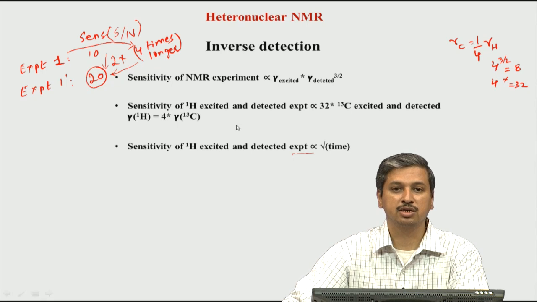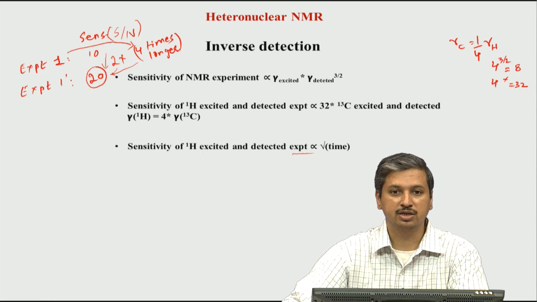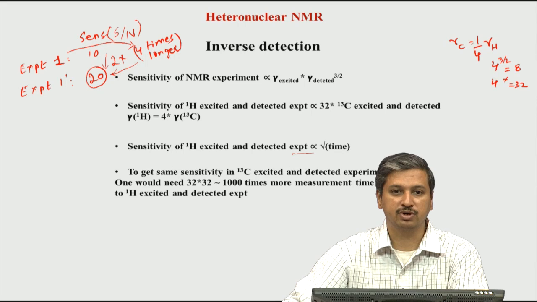Therefore, sensitivity plays a very important role in NMR because of this square factor. If I want to increase sensitivity by a factor of x, I need x square more time. That is why it is very important to minimize the time and increase the sensitivity, or if I increase sensitivity I reduce the time, and vice versa.